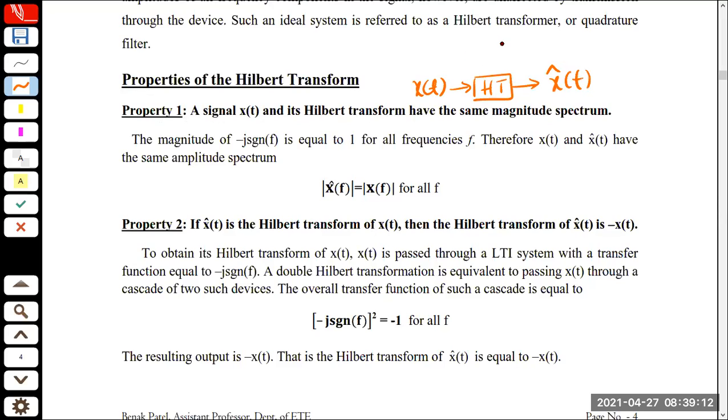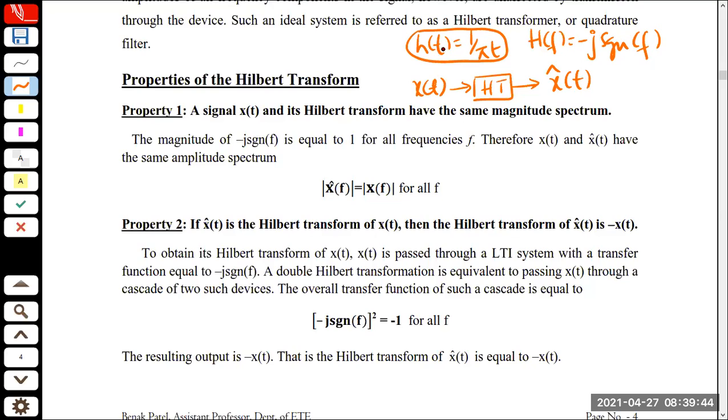Here, we all know that the Hilbert transformer impulse response h of t is equal to 1 by pi t, or its transfer function h of f is equal to negative j signum function of f. We have been through all these mathematical concepts, how we ended up with the impulse response equal to 1 by pi t, as well as how exactly its transfer function h of f is equal to negative j signum function of f.